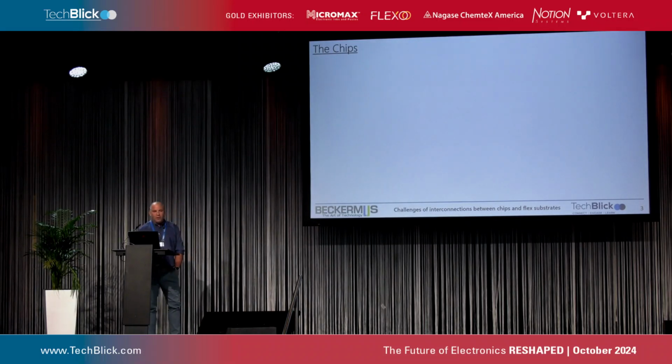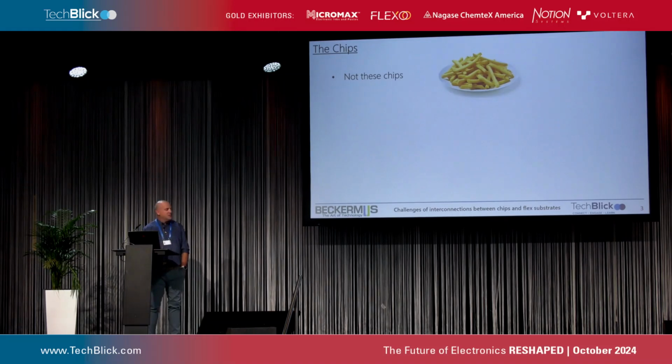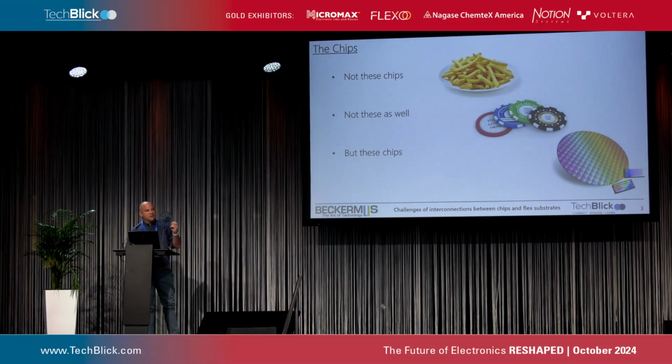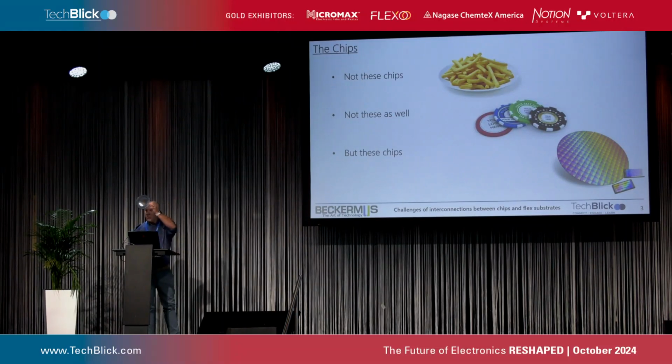The chip I'm going to talk about is not these kinds of chips, maybe we can see them at lunch, not these kinds as well, but these kinds. And I brought some samples for those of you who didn't see any wafer until now. This is a 6-inch wafer. We're a subcontractor, we're not manufacturing the chip; you manufacture it from silicon or gallium arsenide or other materials. After you produce the chip, you can separate it and put it on a blue tape.